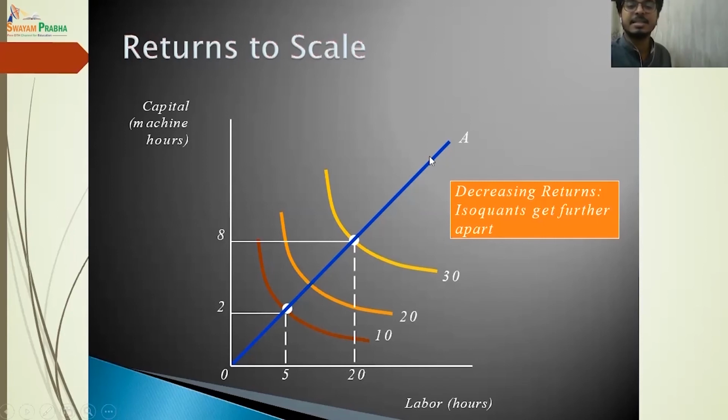Hence there is a distance between the isoquants under decreasing returns to scale.